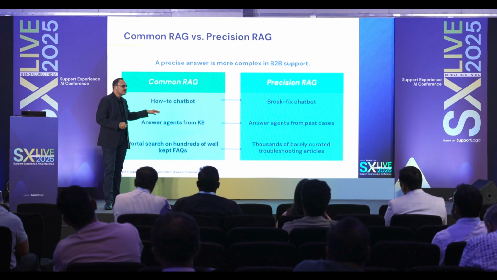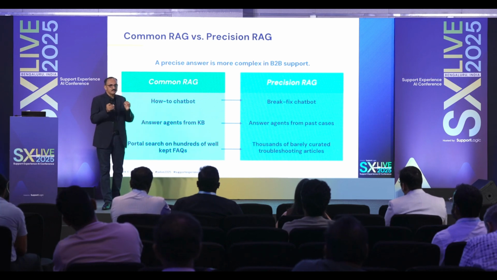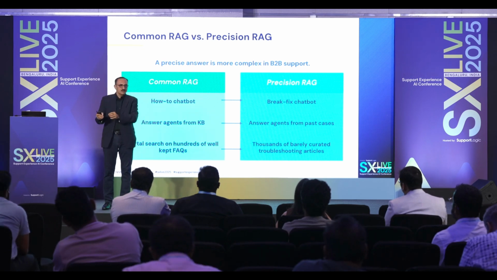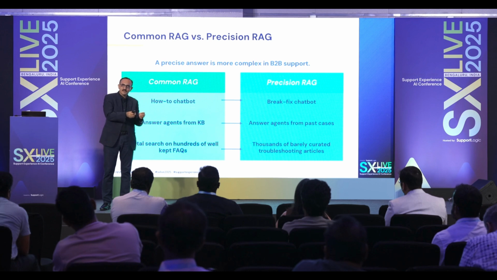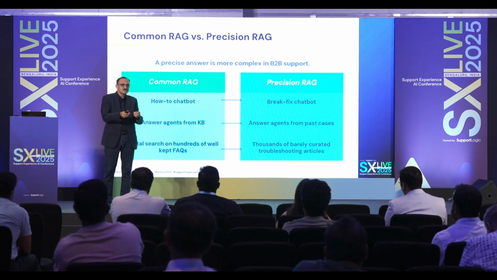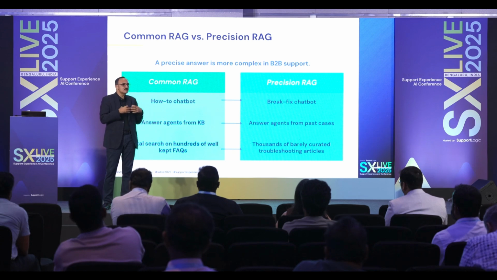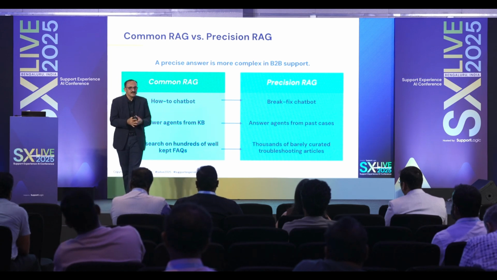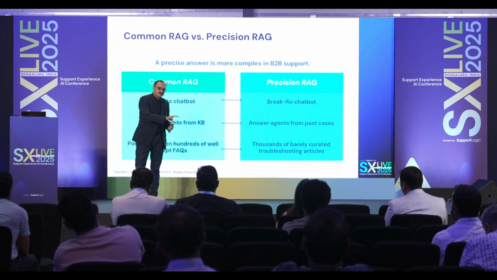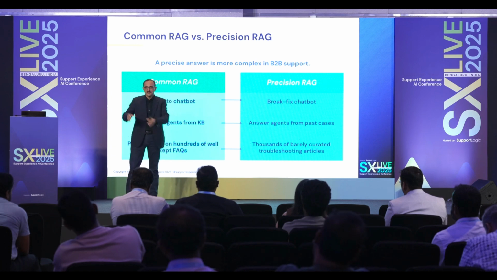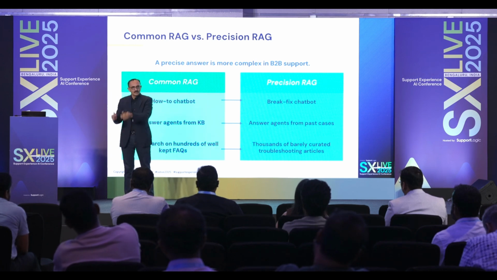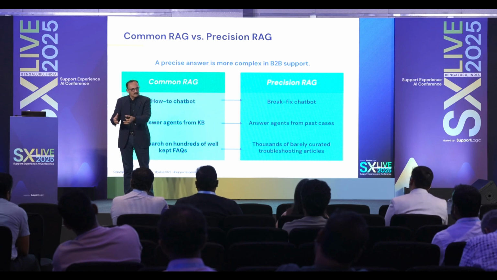Where precision RAG comes in is when you're trying to fix something that is broken and the input into your query is more technical in nature. The system needs to be able to understand the technical aspects in that context and then provide a solution. My washing machine is broken. How do I fix my Whirlpool washing machine? The tumbler is not working.